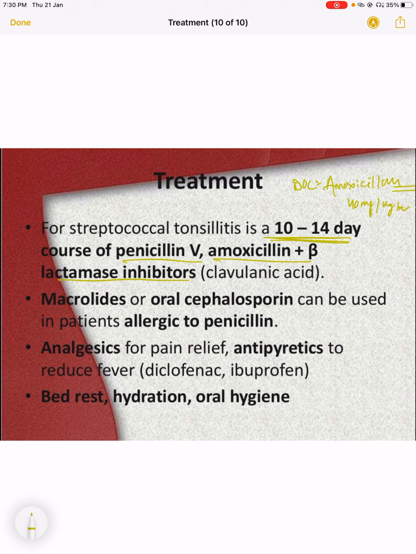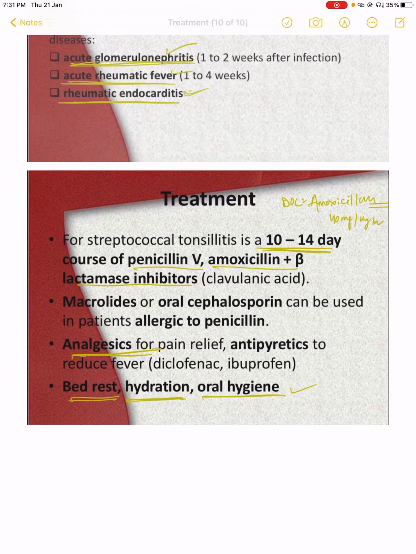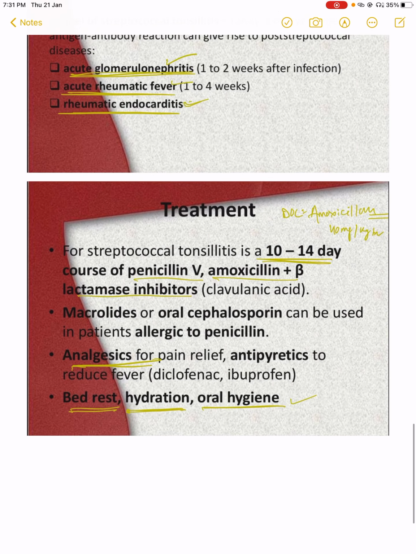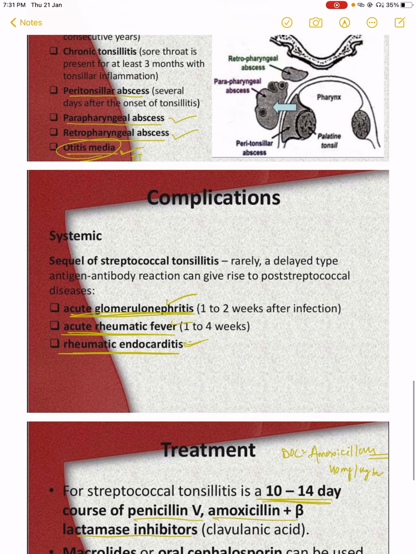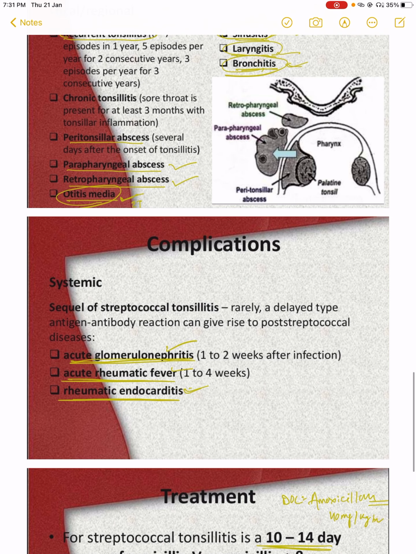Then analgesic also you can give. Tell the patient to take bed rest, drink plenty of water so that the patient stays hydrated. Oral hygiene should also be maintained. This is all about treatment of acute tonsillitis.